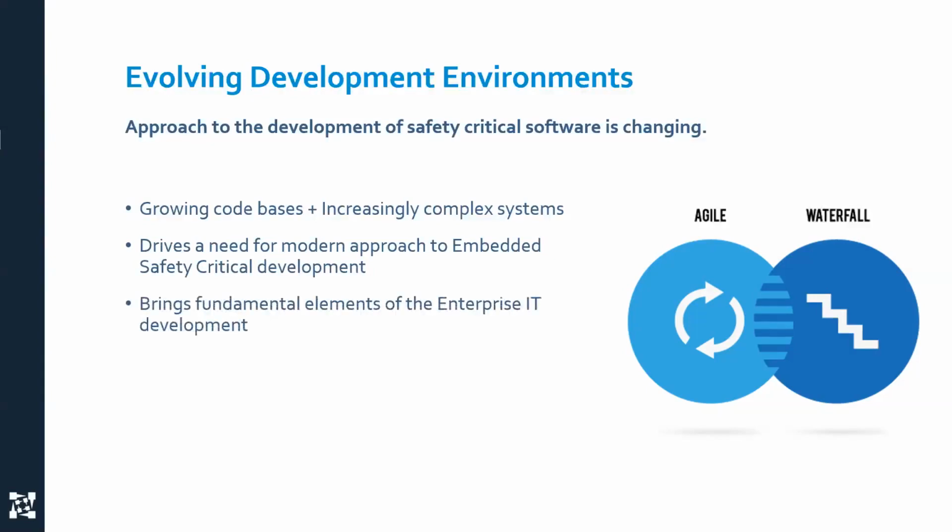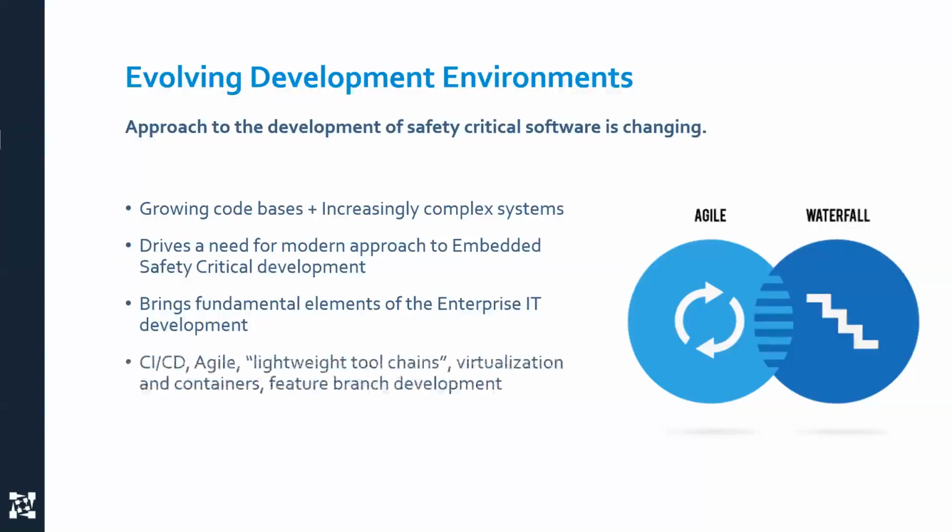Growing embedded teams started to look into the methodologies and tools their colleagues from the enterprise IT sector were using for years, and they started to adopt the agile feature branch development model, CI/CD, containers, and all these lightweight tools that are capable of dealing with large code bases.